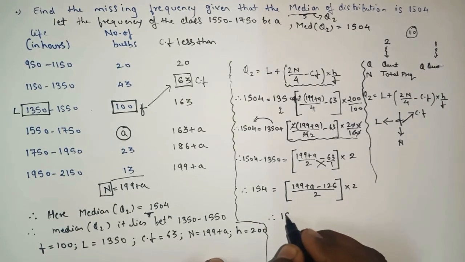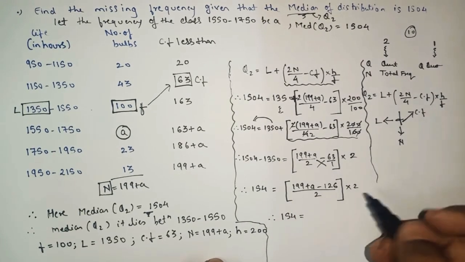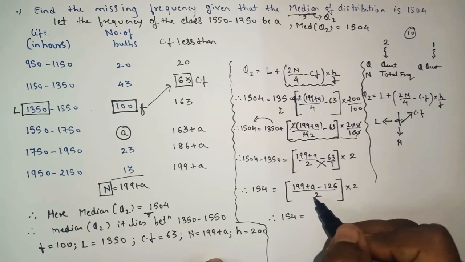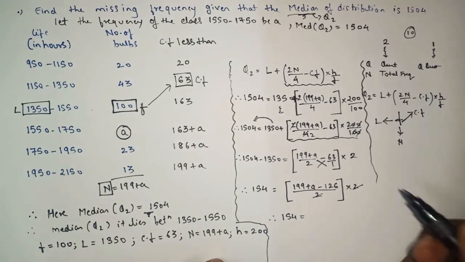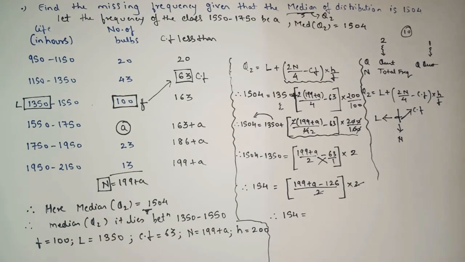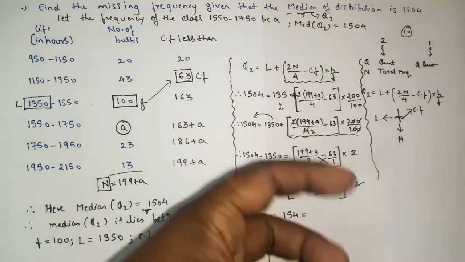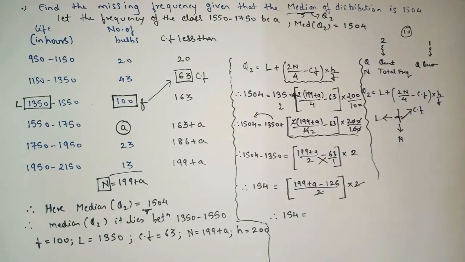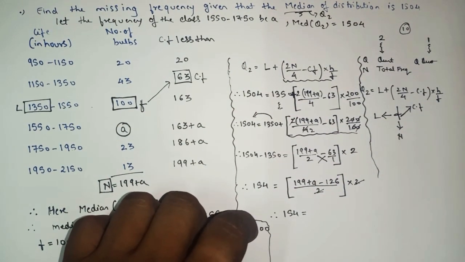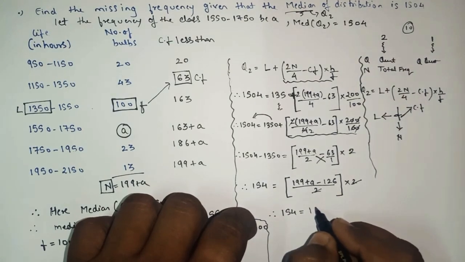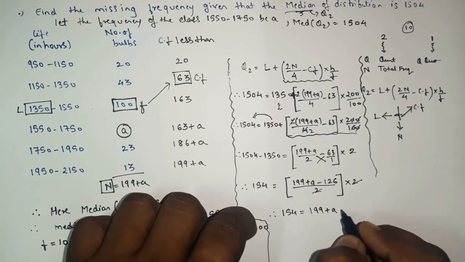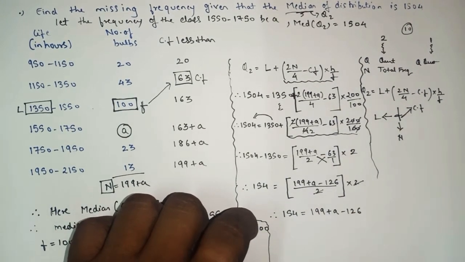So therefore 154 equals to, here can I say multiplication is there, so we can cancel this number. I hope you all might know the basic algebraic rule, yes or no? Cross multiplication, cancellation: when it will get cancelled, when we have to divide, when we have to cross multiply, yes or no? So after this, here we are left with what? 199 plus A minus 126.